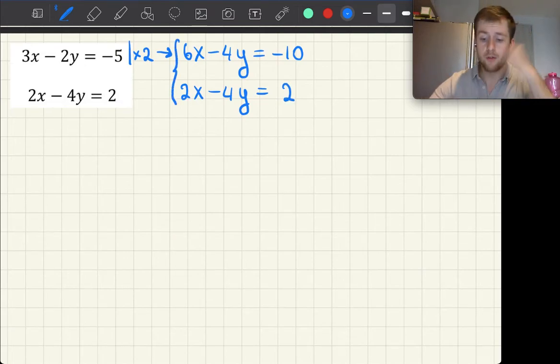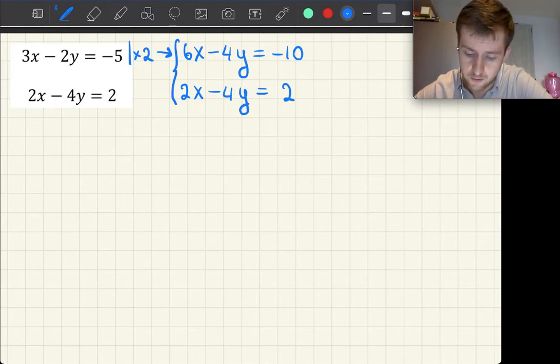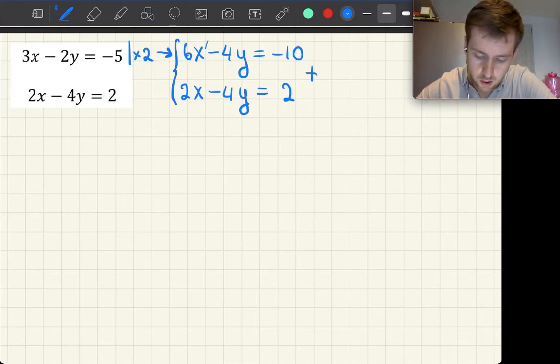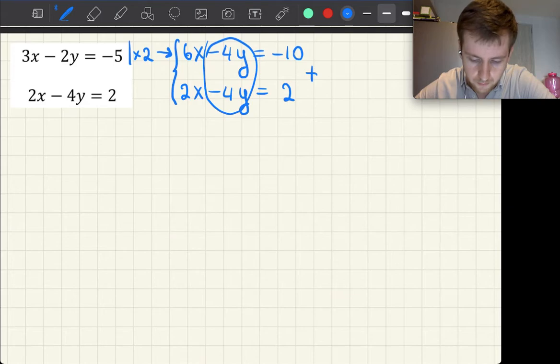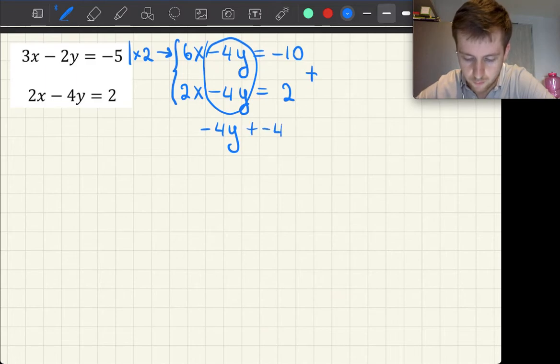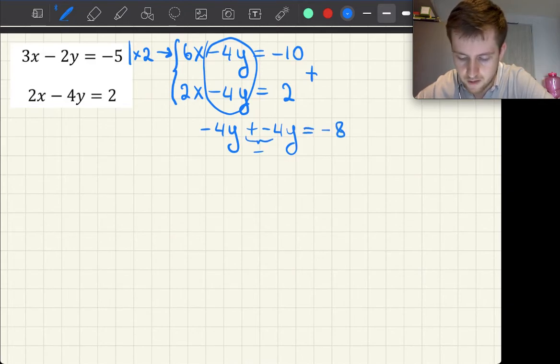Okay, all right, so this is a little bit tricky. The tricky part is, do we subtract or do we add them together? Well, let's think about it. If we add them together, we're going to have minus 4y plus minus 4y. A plus and a minus give us a minus, and that will give us minus 8y together.